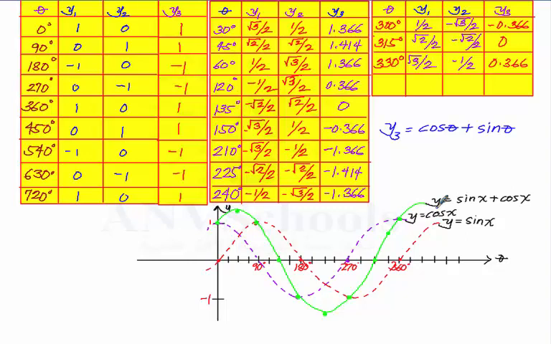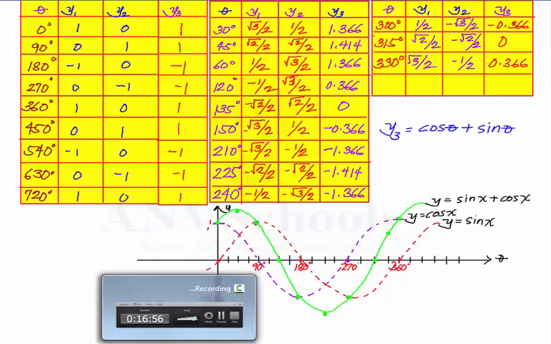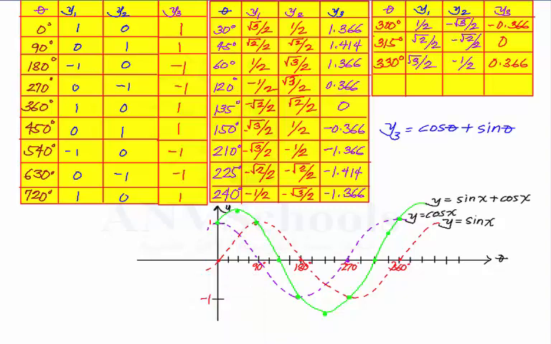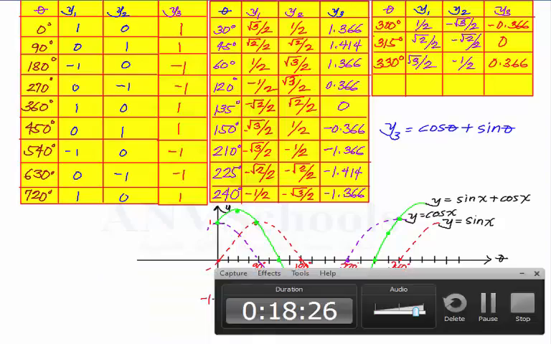So you could continue this up to 720 degrees and just draw another replica of this cycle, and that will be the one for 360 degrees up to 720 degrees. So this is introducing the sum of two functions, especially sine and cosine. So this is what we call combined sinusoids.